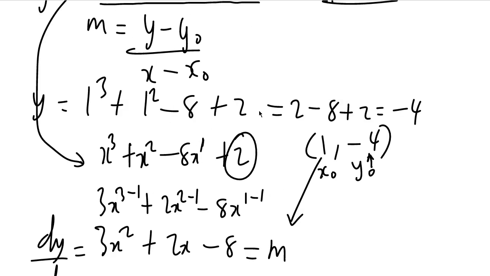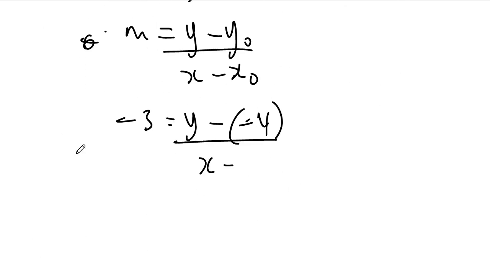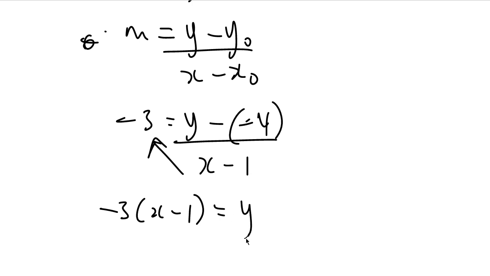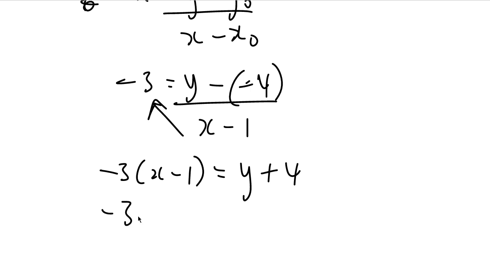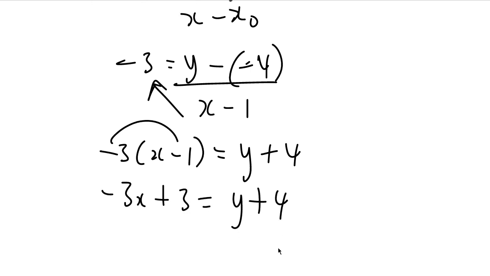So 1, because that was the x input. So that'll be what? x minus 1. And then multiplying through, that'll be negative 3 into x negative 1 is equal to what? Negative negative is positive. So that'll be what? y plus 4. Then on expansion, negative 3 times x is negative 3x. Negative 3 times negative 1 is positive 3 is equal to y plus 4.